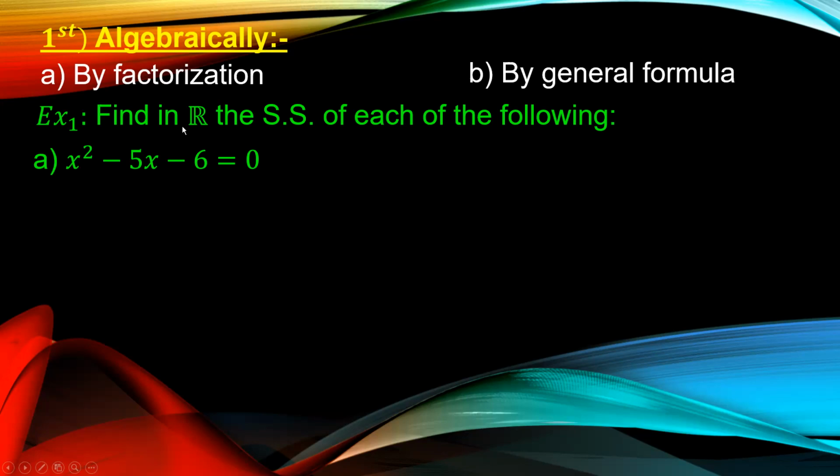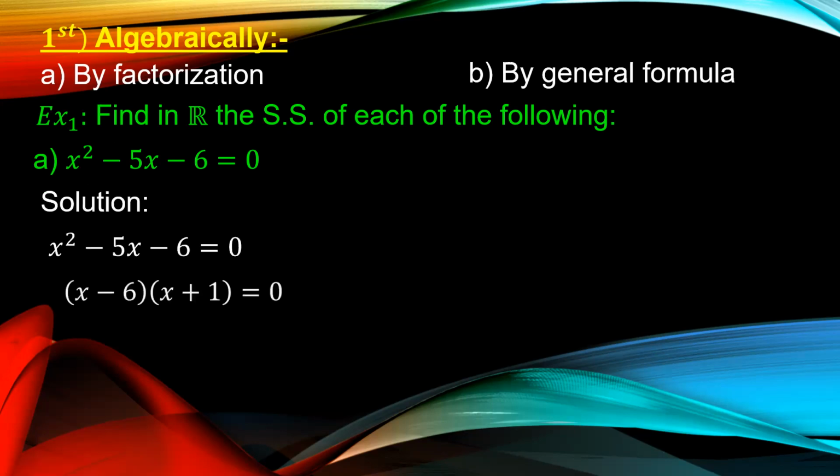First one, find the solution set of x power 2 minus 5x minus 6 equals 0. The first method is factorization. What are the two numbers? The product of them is 6 and the difference between them is 5.